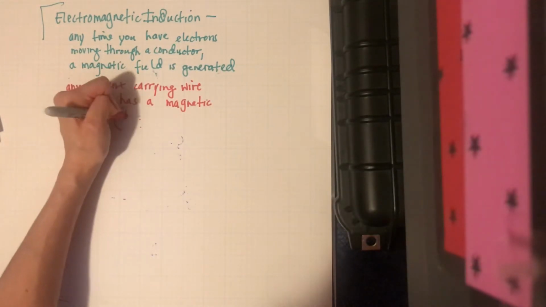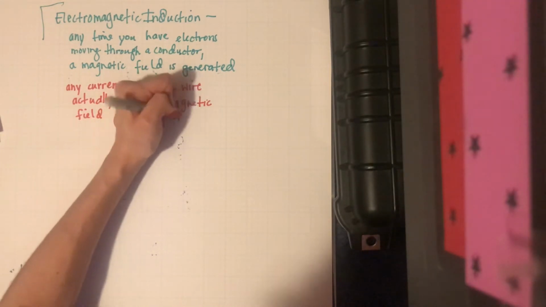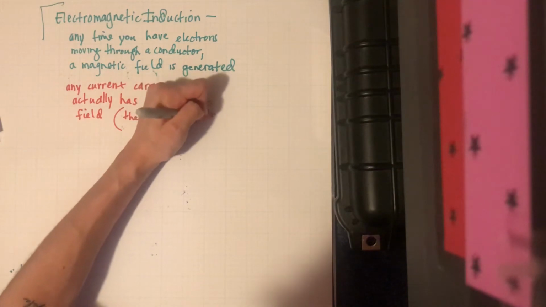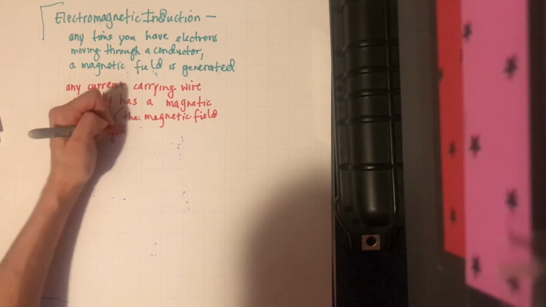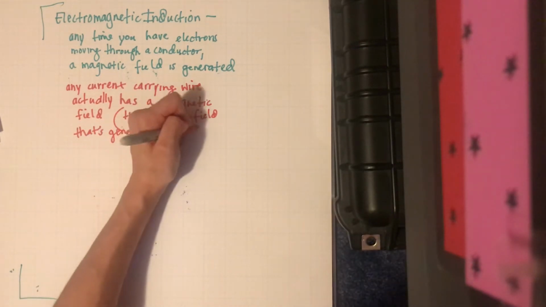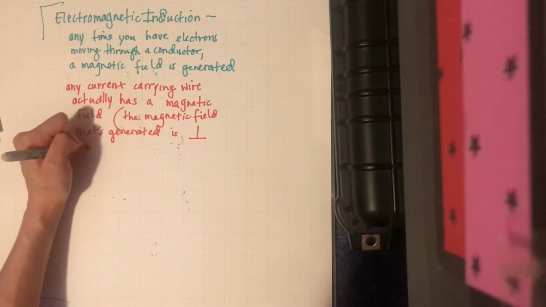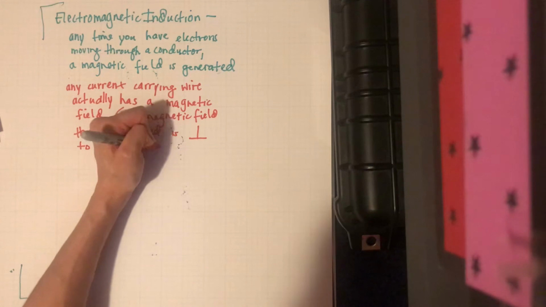And the magnetic field that's generated is going to be perpendicular to the direction of the flow of current.